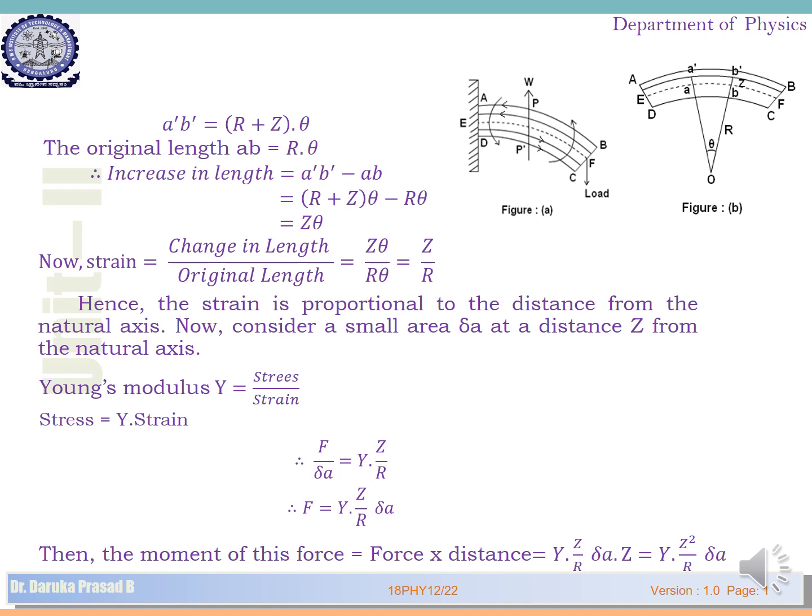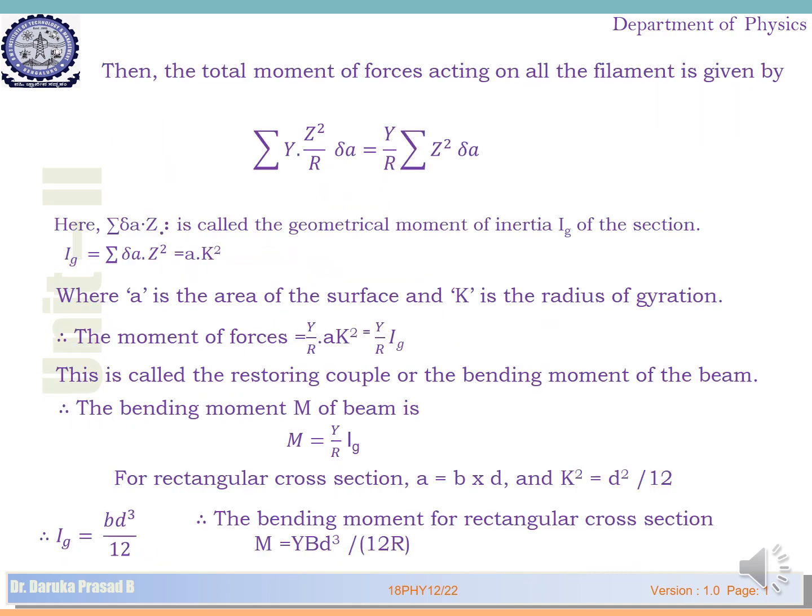To determine the moment, the definition of moment of force says that it is the force into the perpendicular distance to the plane. Hence, force is Y into Z by R into delta A, and the perpendicular distance to this plane is Z. So the moment of this force is Y into Z square delta A by capital R. To determine the total moment of the force acting on all the filaments in that particular plane, you need to take the summation.